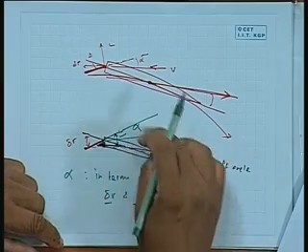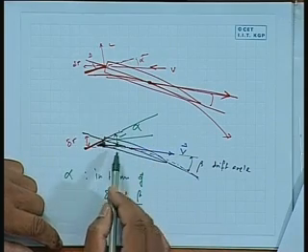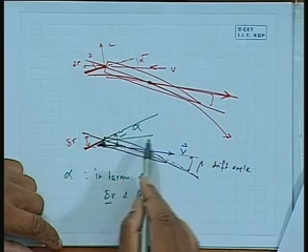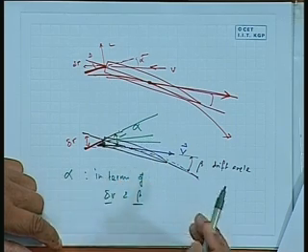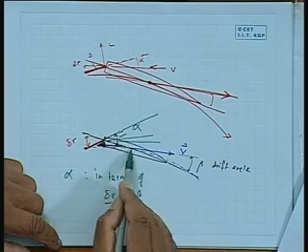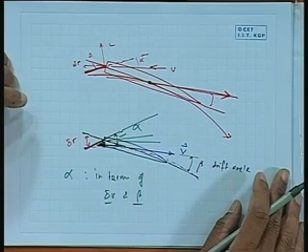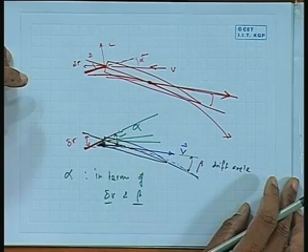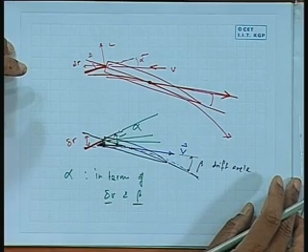So, in fact, you will find alpha becomes beta plus epsilon. Let me try to find out the rudder geometry and all that.